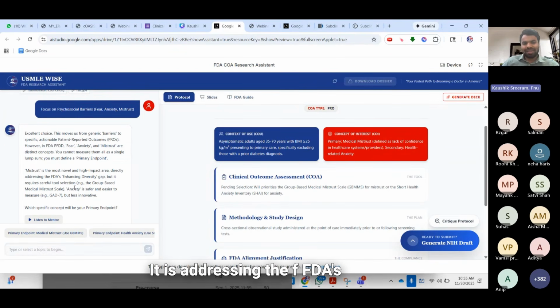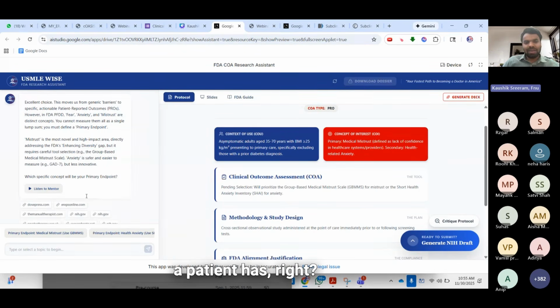It is addressing the FDA's priority of enhancing diversity, but it requires tool selection. What is a tool that you can use to measure mistrust? That is your group based medical mistrust scale, a scale you can use to assess the level of mistrust a patient has. The second one is anxiety, which is safer and easier to measure, but less innovative. So you can decide what you want to pick.